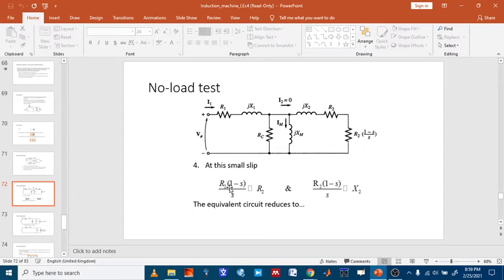Therefore, R2 times (1 minus s) over s, this impedance will be far greater than R2. At the same time, this impedance will be far greater than X2. That means these components are negligible.